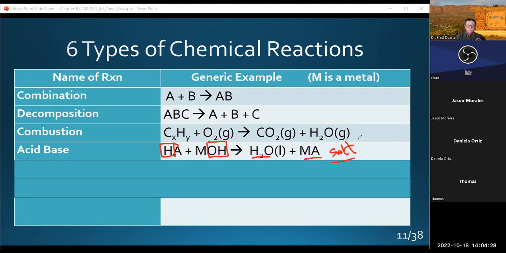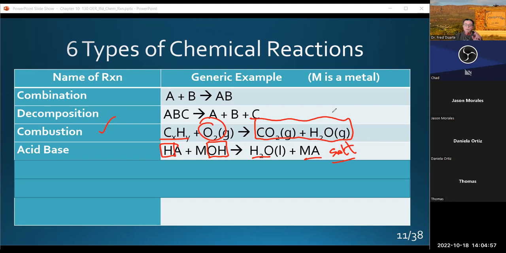Okay, so these are two examples of reactions where you should know what your products and reactants are. Combustion reaction, you'll be given the hydrocarbon, but you have to know that you need oxygen. Plus, you know that oxygen is diatomic, so it's O2, not just O. The only products for a combustion reaction would be carbon dioxide and water.